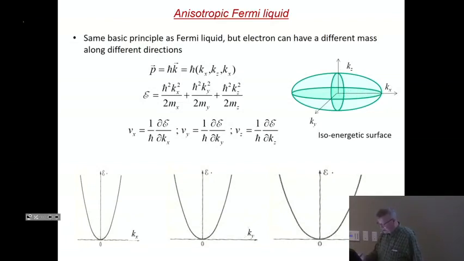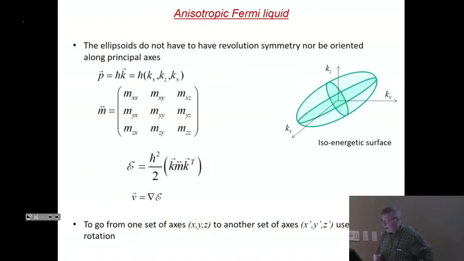Basically, you have different shapes of this parabola, which means that you really have different masses. And then you write the total energy as kx squared, ky squared, kz squared with different values of masses. And that also means, of course, that the dispersion gives rise to different group velocities, because the derivatives with respect to kx, ky, and kz of E contain these different masses.